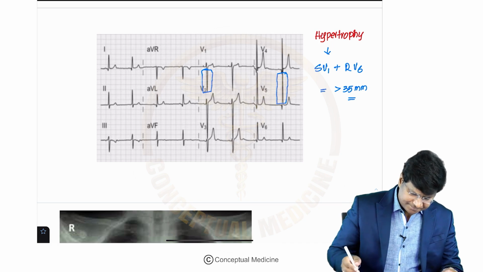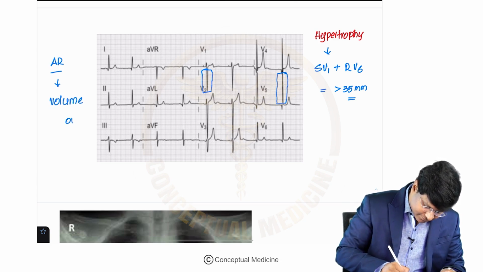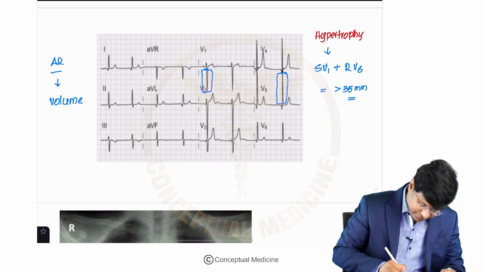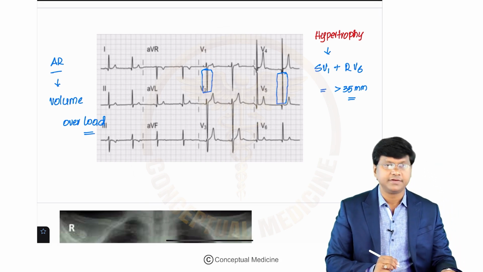And see, in aortic regurgitation, what you will have is volume overload of the left ventricle.